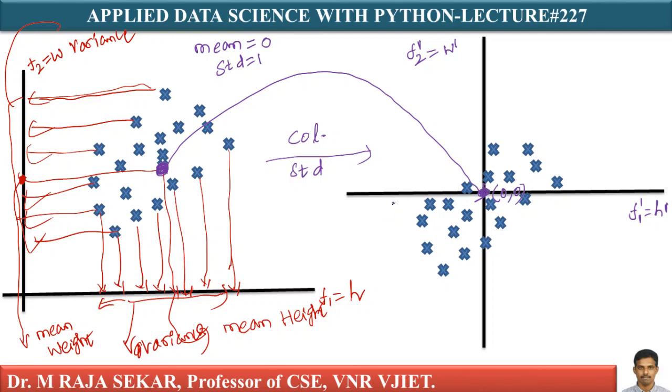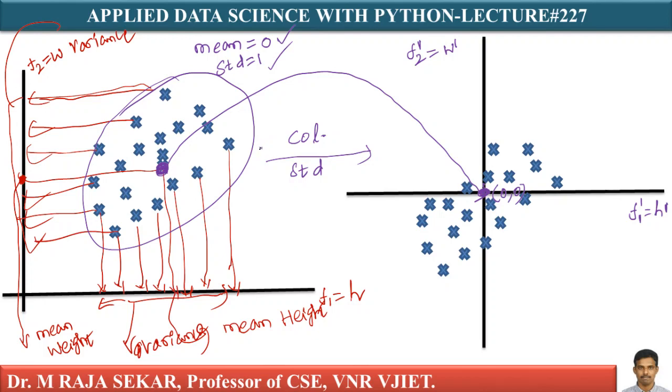The mean of transformed data, or new data, must be equal to 0. I transformed my space. I have basically taken these original points such that the mean moves to 0, isn't it? And the mean is 0 and the standard deviation is 1.